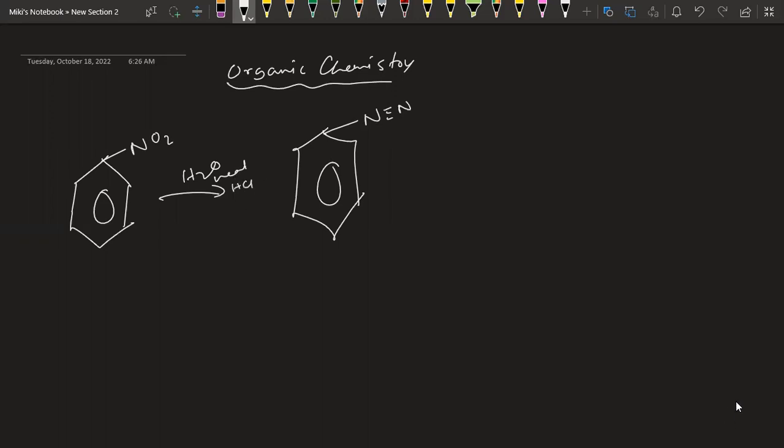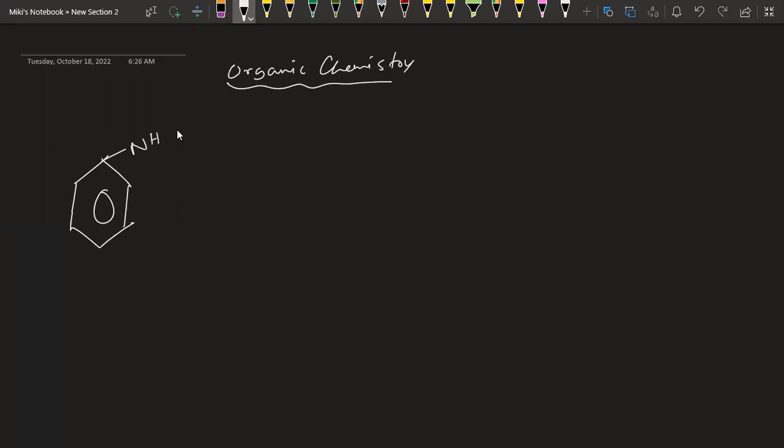Wait a minute, just for verification, let me take a look at the notes. Oh, sorry, that was basically phenylamine. My bad. This was actually formed from phenylamine.